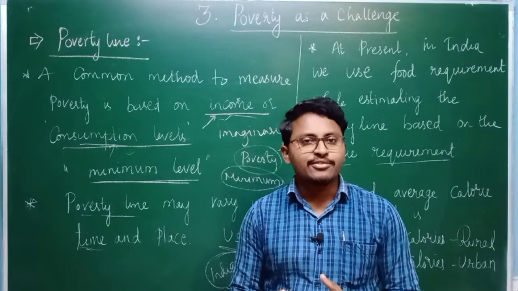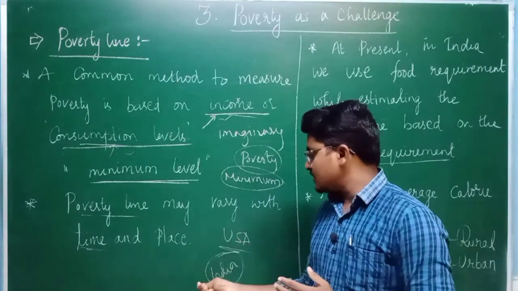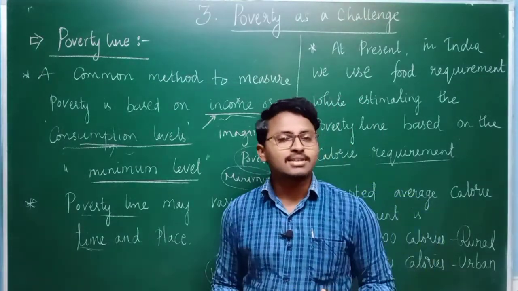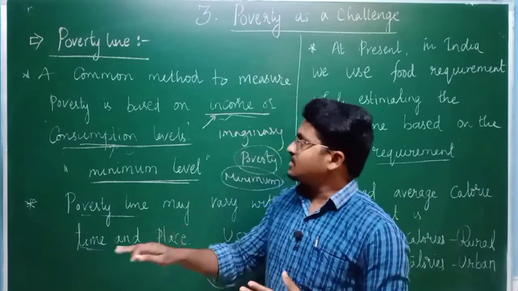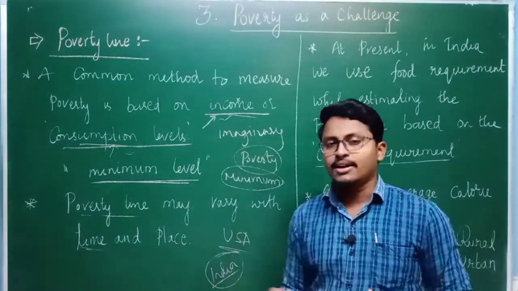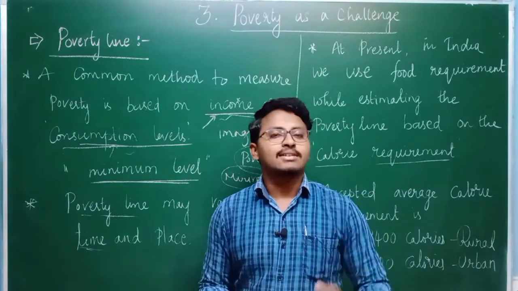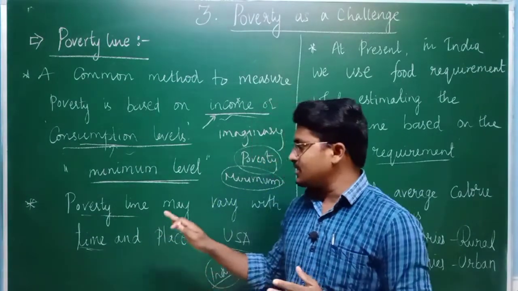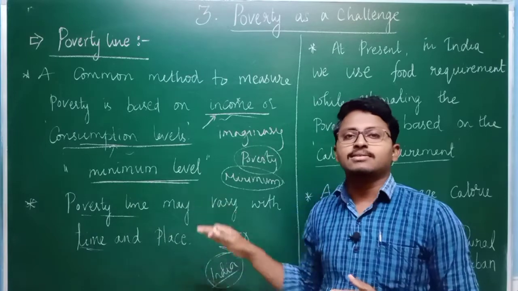So you can see the difference between the USA and India. Not having a car in the USA is considered poverty, whereas having a car in India is considered a luxury. So here you can find differences from place to place as well as time to time.